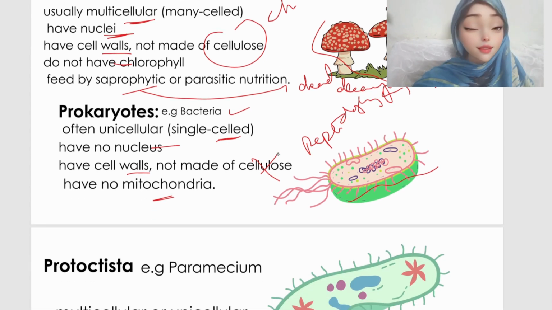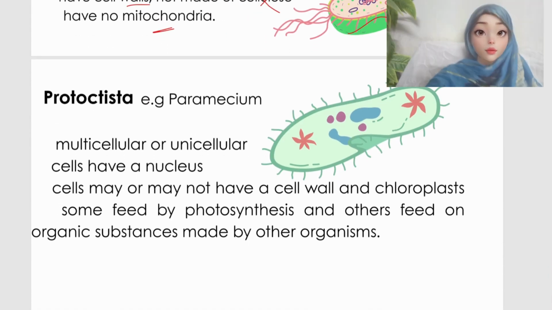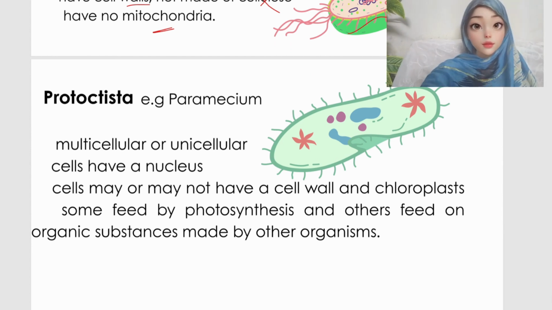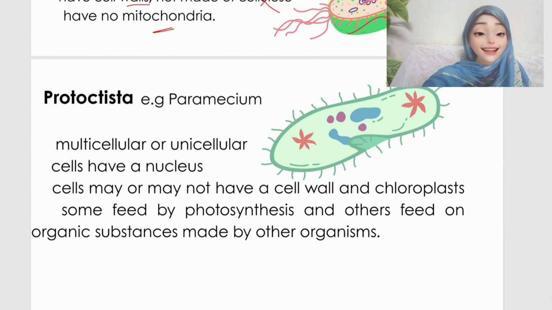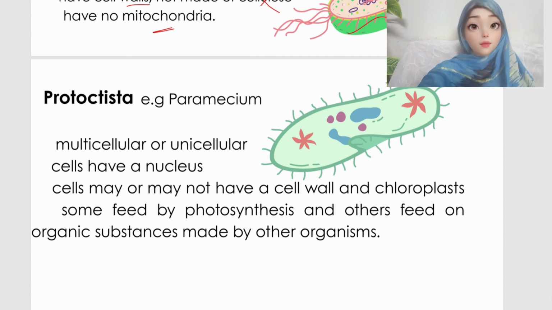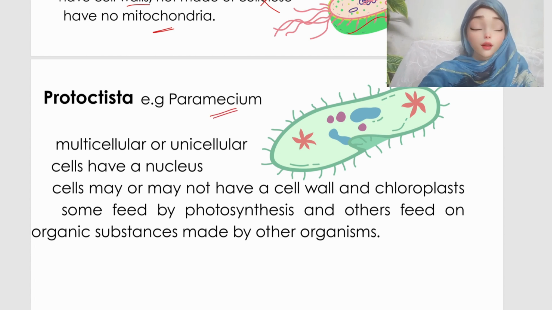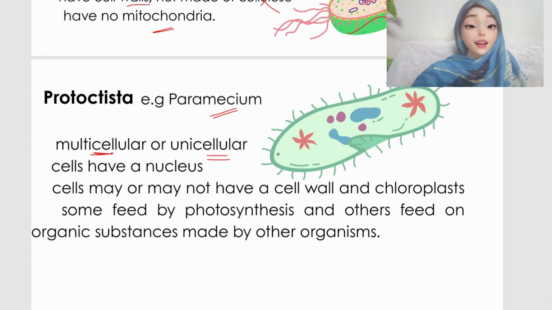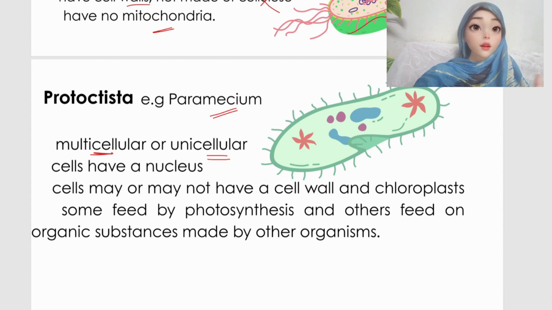Okay, next here are the protists, kingdom Protista or kingdom Protoctista, with the example of Paramecium. The living organisms here are multicellular or unicellular. So in the kingdom Protoctista, both types of living organisms are found.